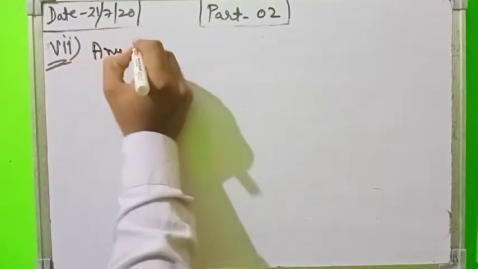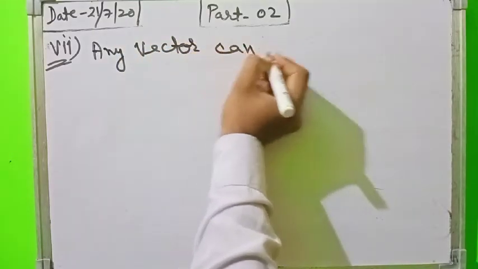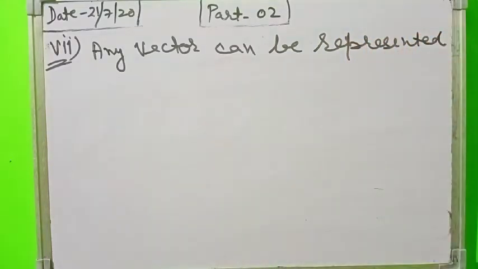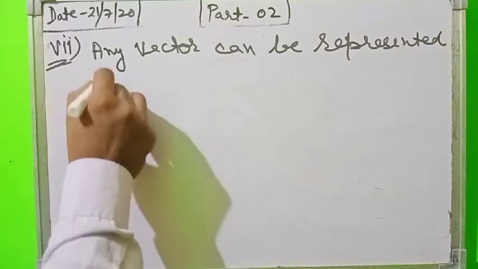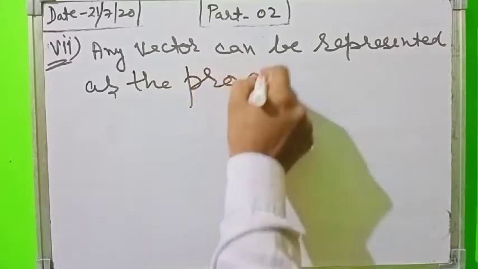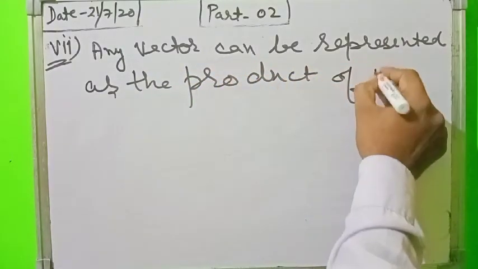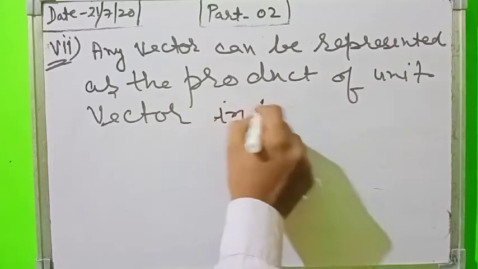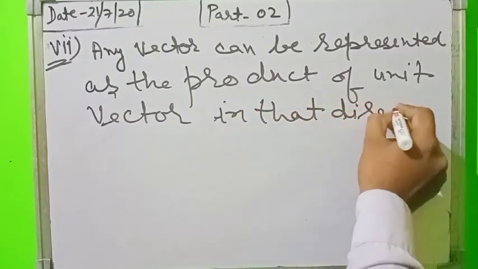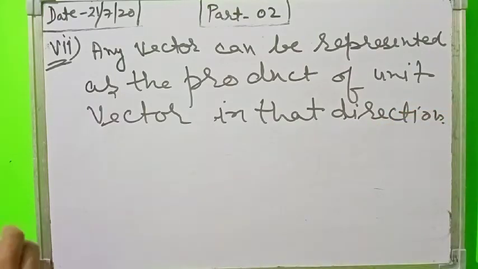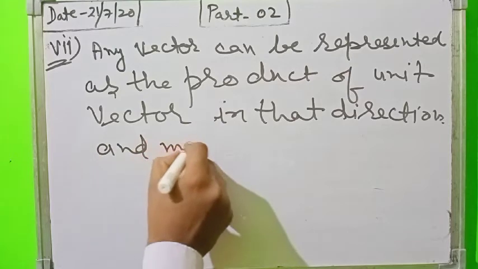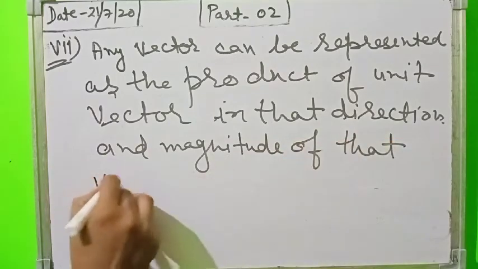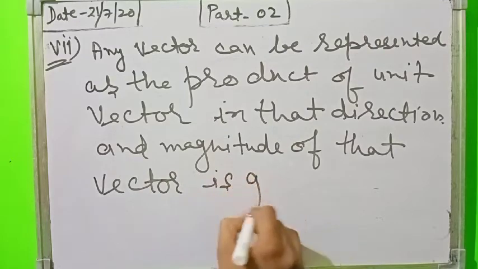Any vector can be represented as the product of the unit vector in that direction and the magnitude of that vector.